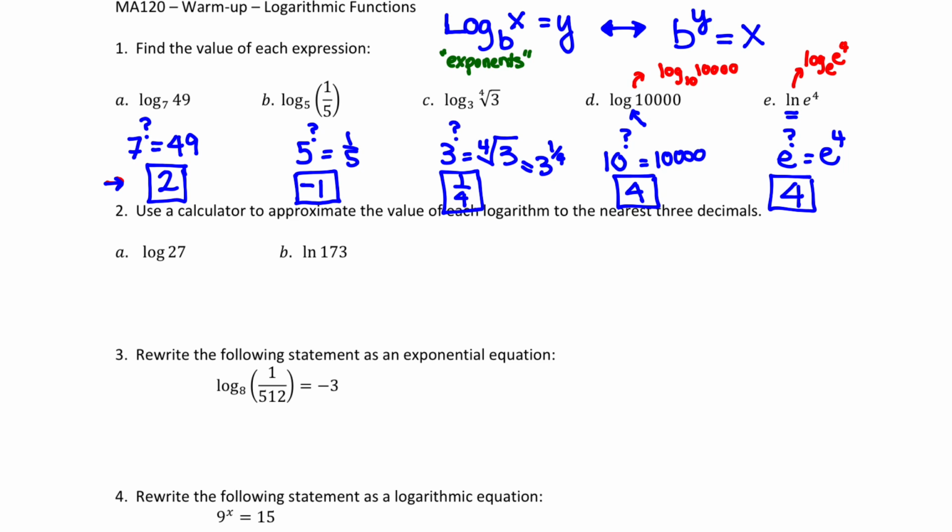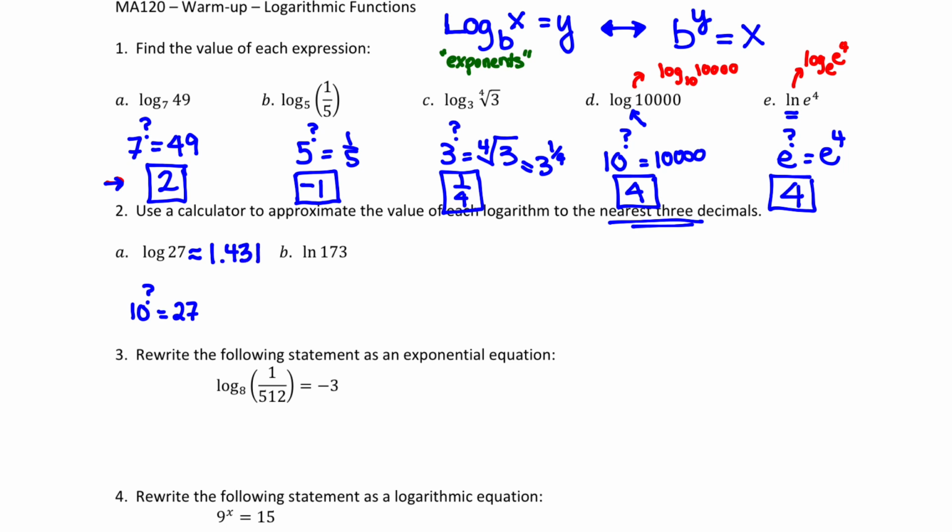Now, sometimes you can't find that logarithm easily. For instance, log of 27 says 10 to what power gives us 27. You can't figure that out in your head, in which case you use a calculator. Evan, did you get a calculator value for that? Give me to the nearest 3 decimals. 1.431.